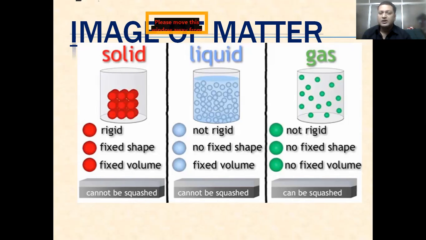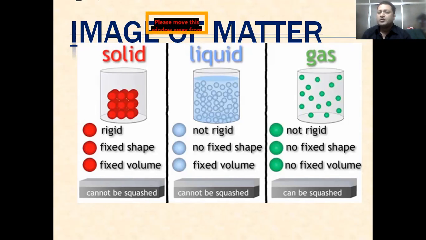For example, think about paper and think about iron. The intermolecular space of iron is very small. Paper is also an example of solid matter, and the intermolecular space of paper is also small. Both things are examples of solid matter, isn't it?